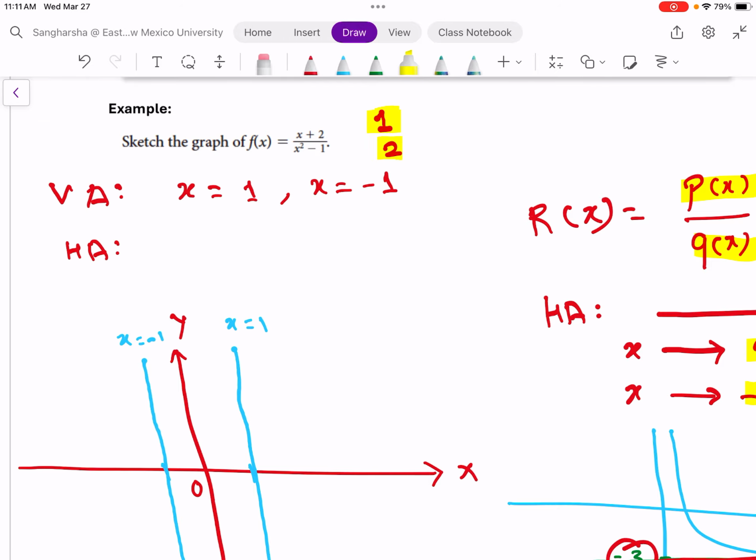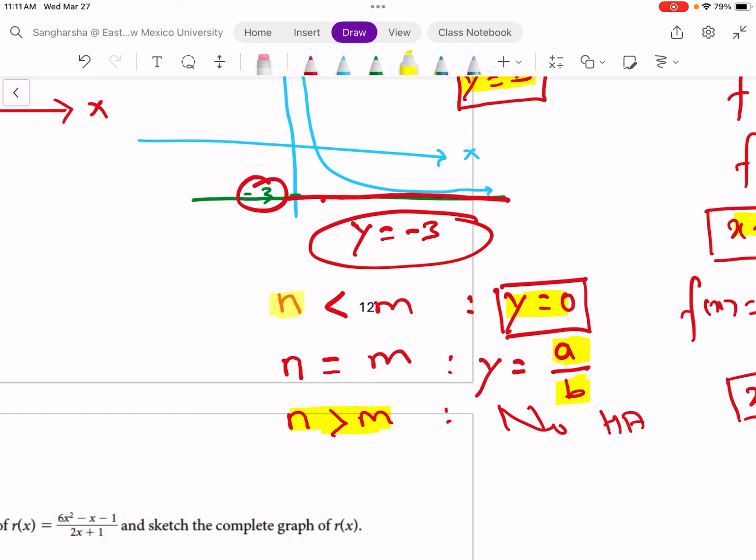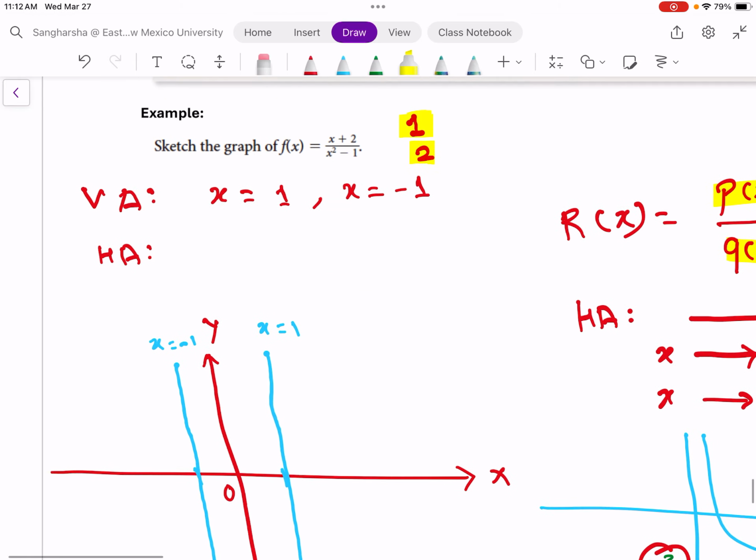And if that is the case, what is our horizontal asymptote? If the degree of the numerator is less than the degree of the denominator, then y equals 0 is always the horizontal asymptote. So for this function, the horizontal asymptote is y equals 0.